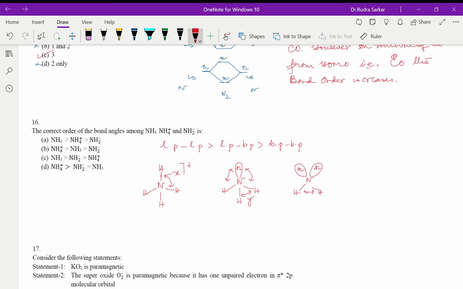So angle z is going to be less than that of y. So x is more than y, and y is more than z. That should be our answer, and that way we will say option B is correct.